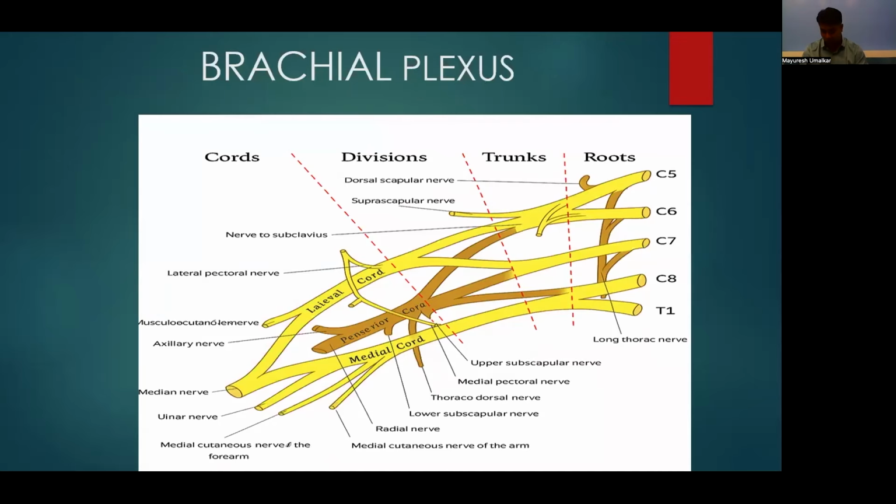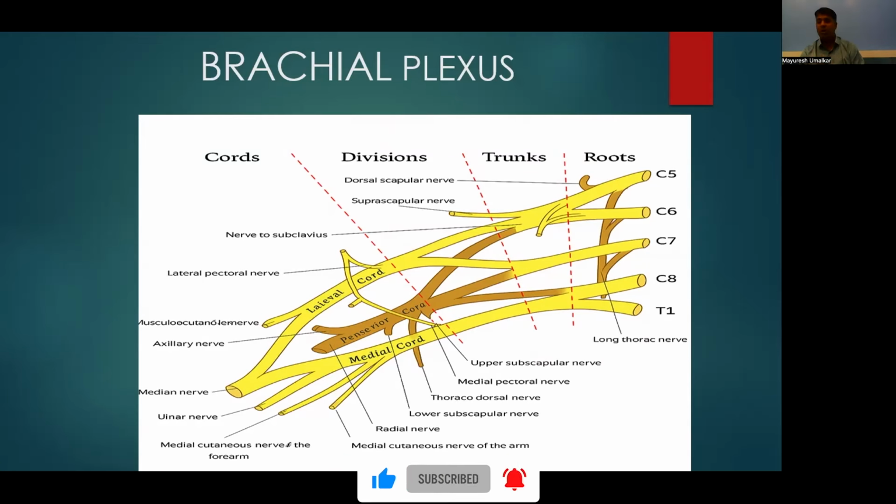So before going to how I give the blocks, we have to see the brachial plexus anatomy. If you see the roots, the C5, C6 roots join the superior trunk, and from that trunk we can see the suprascapular nerve coming out. The long thoracic nerve and dorsal scapular nerve also come out from C5, C6. Interscalene block is given at the level of C5, C6, C7 roots.